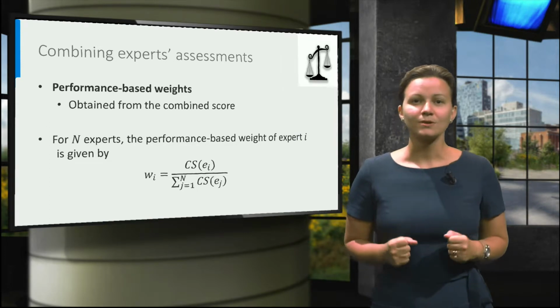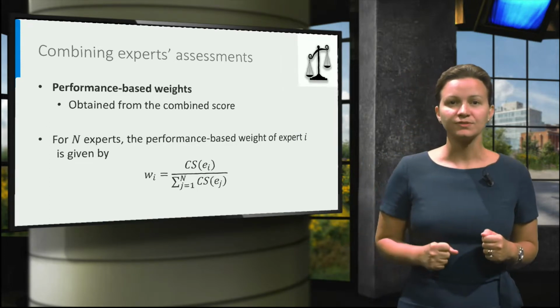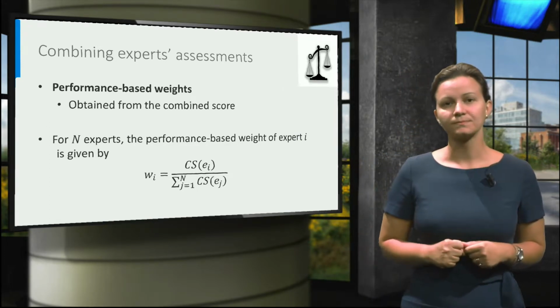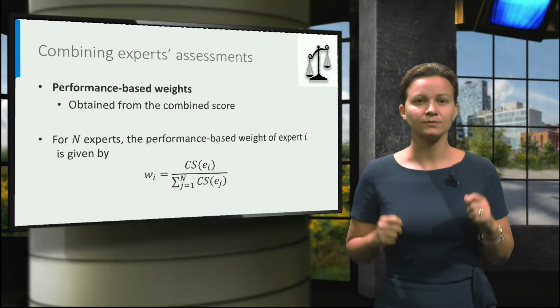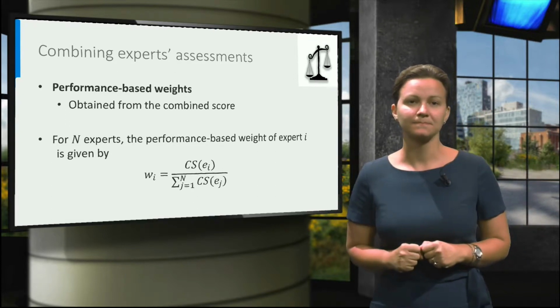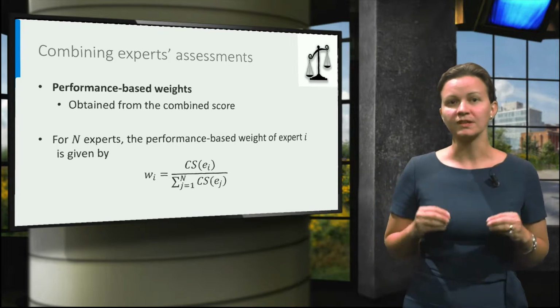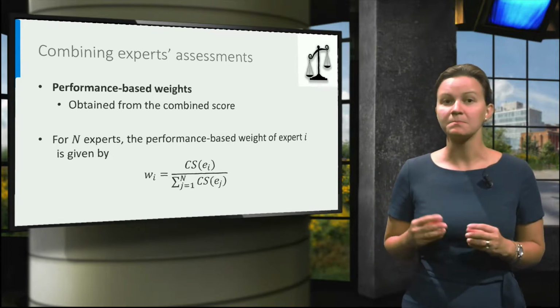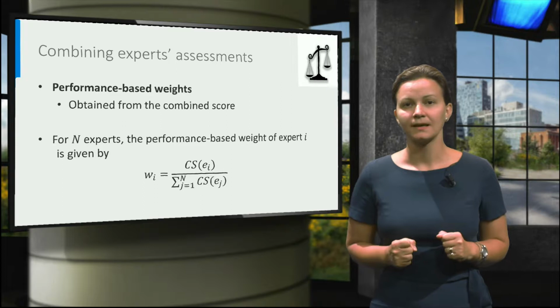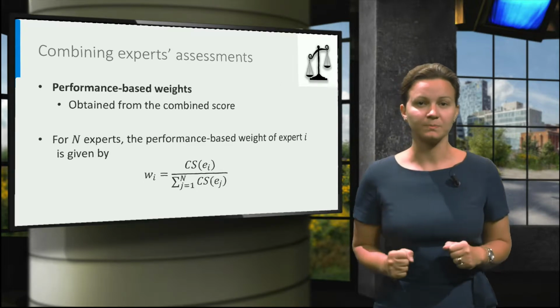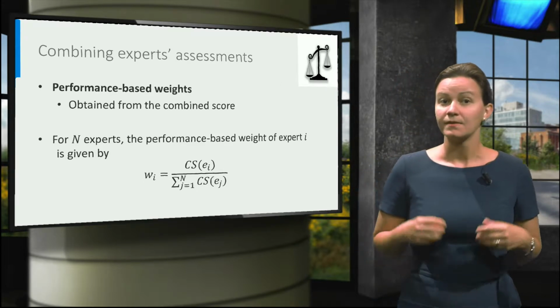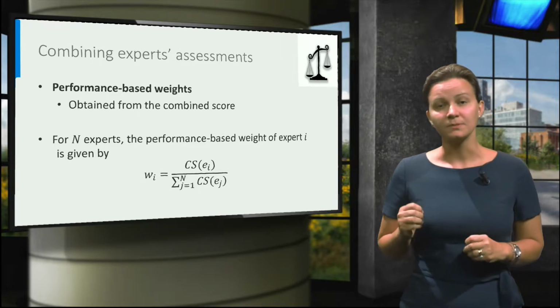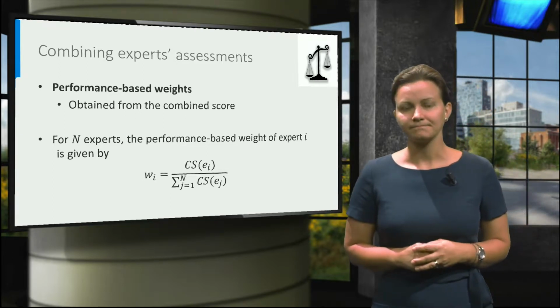The combined score not only allows us to investigate the performance of the experts, but also enables us to aggregate expert opinion. The weights used in combining experts' assessments are based on the combined score. These are called performance-based weights. The weight of each expert is determined in the following way.